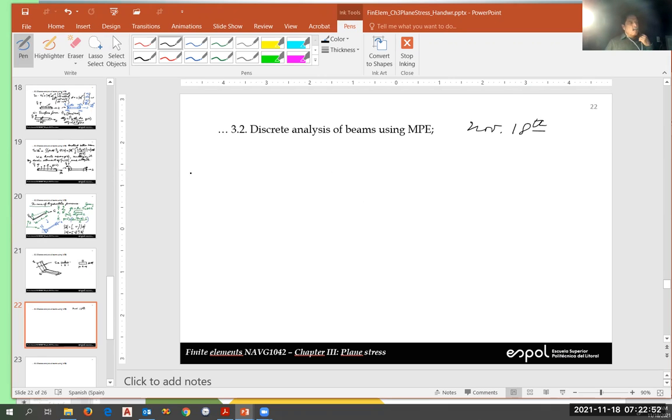So we are trying to apply the method of minimum potential energy. The potential energy of the external forces we have already calculated. We need to say a little bit about U, okay?